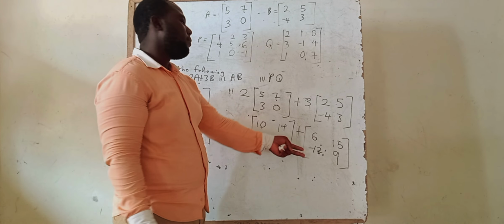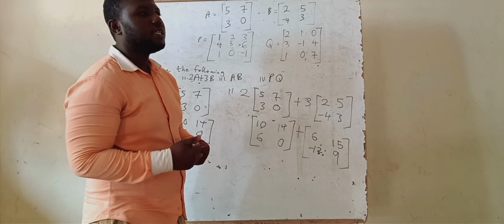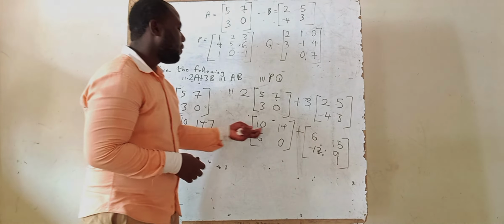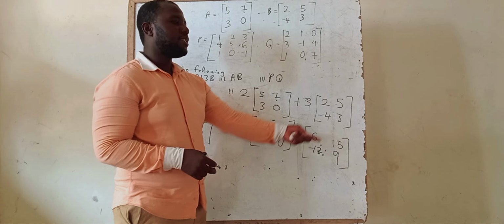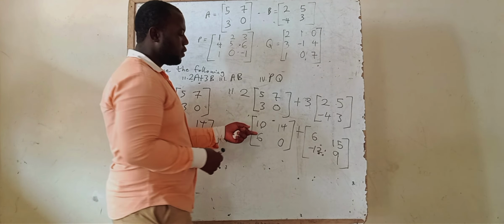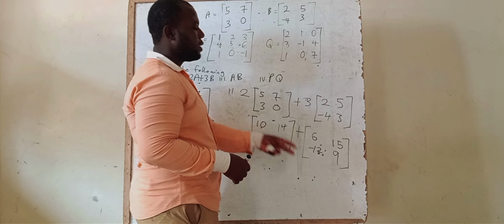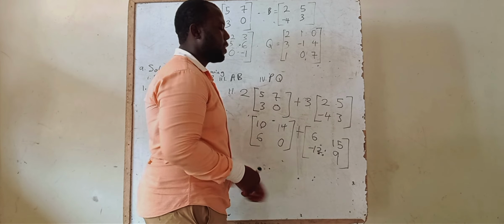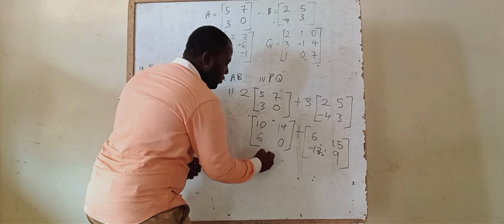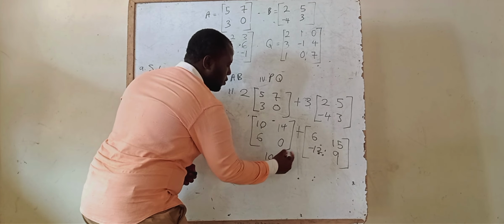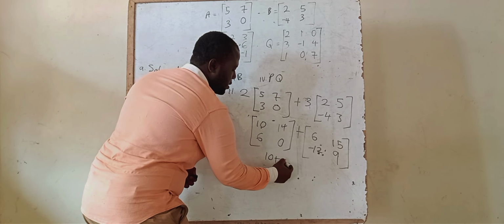Now we simplify by performing addition. Addition, as we recall, we take the first row and add it to its corresponding elements in the same row. Then we take the second row, add it to its corresponding elements in the second row. So for the first row we take 10 plus its corresponding element, which is 6.